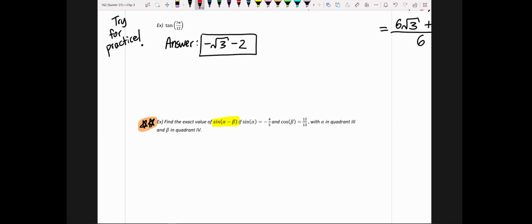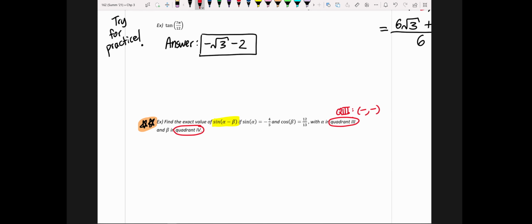The plus or minus sign is very important because if your angle is not in quadrant 1, then some of the trig functions are going to be negative. So alpha being in quadrant 3, sine, cosine, cosecant, secant are negative, tan, cotan are positive.